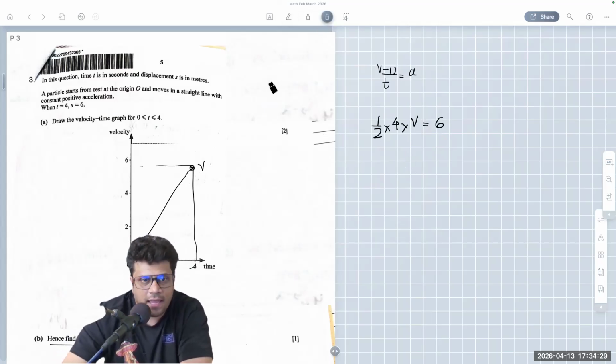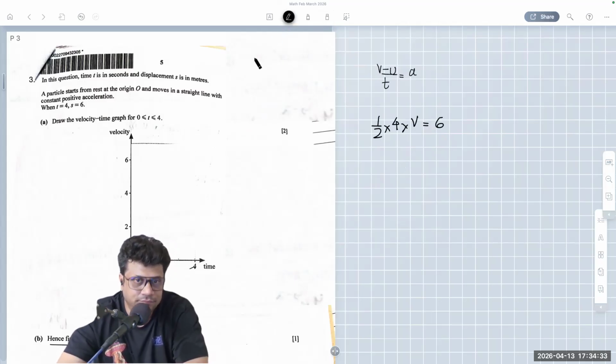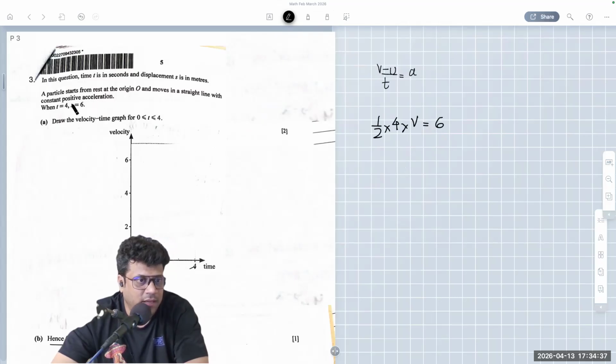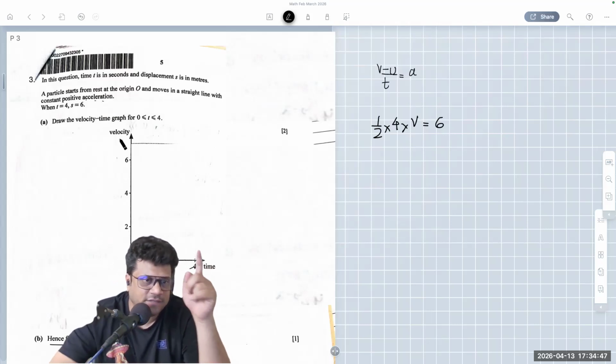There is one thing we know about this sketch which we are going to draw. Because there's supposed to be a constant positive acceleration, we know that it's supposed to be a straight line. And since it starts from rest, it should start from here.